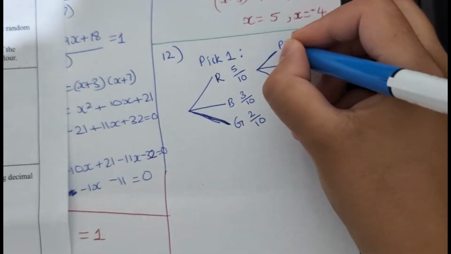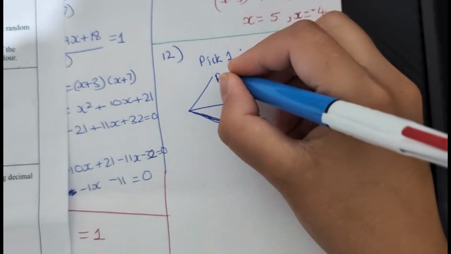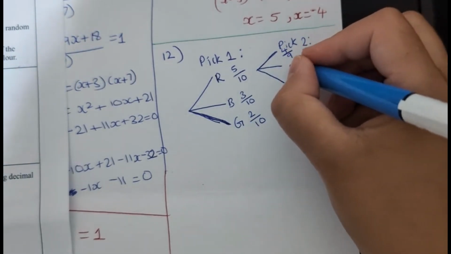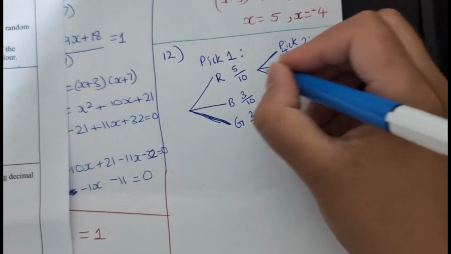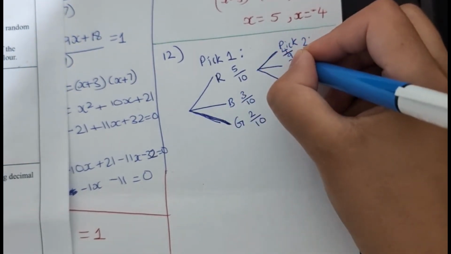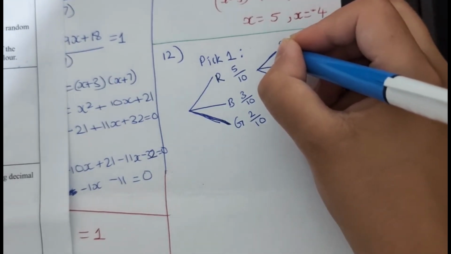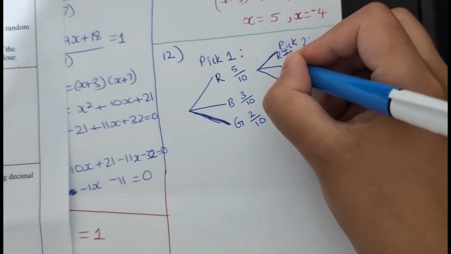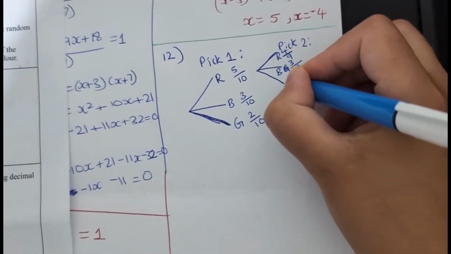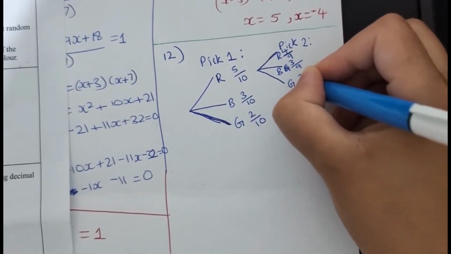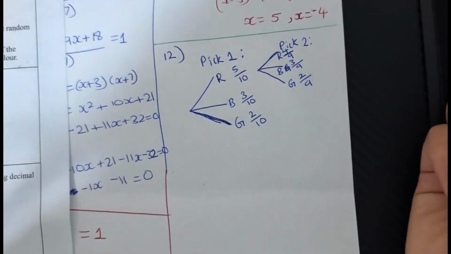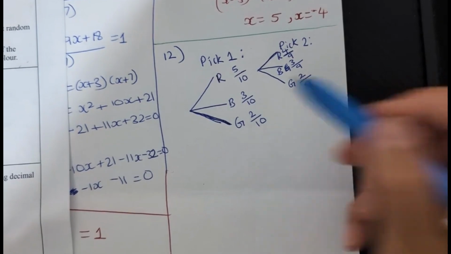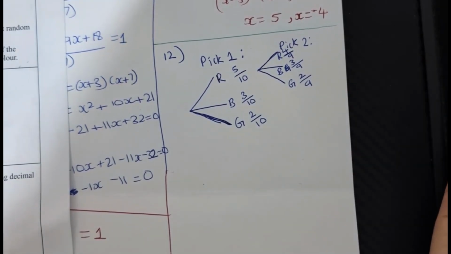So it's now 4 out of 9 here, because we're assuming that 1 red's been taken for this branch. For the second branch, it's still going to be 9 left, but no blue has been taken, so it's 3. So this is my R, this is my B here, and this is my G, which is still 2 out of 9. Oh, I should have drawn this a bit bigger, because for this one I've not got enough space.